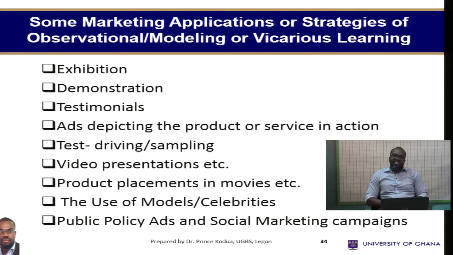Vicarious learning is also popular or commonly used in public policy ads and social marketing campaigns and so on and so forth, where the marketer's goal is to bring about some behavioral changes in society.